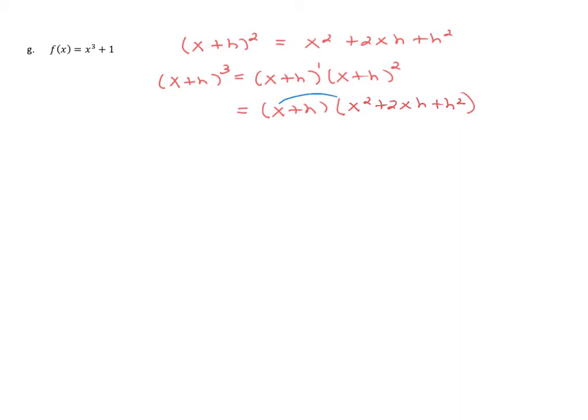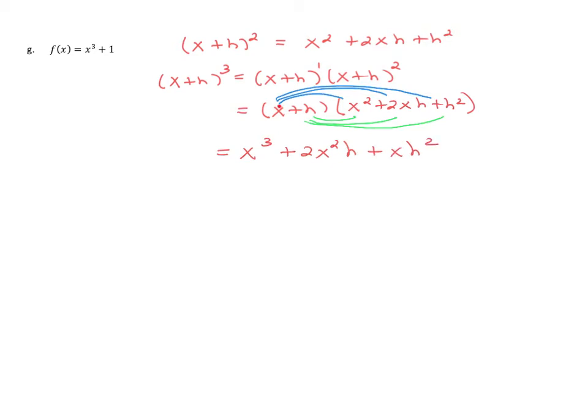So I'll multiply the x to those three terms. I'll then multiply the h to the three terms, and we'll combine all like terms. So when we do this, we get x cubed, plus 2x squared h, and then plus xh squared.